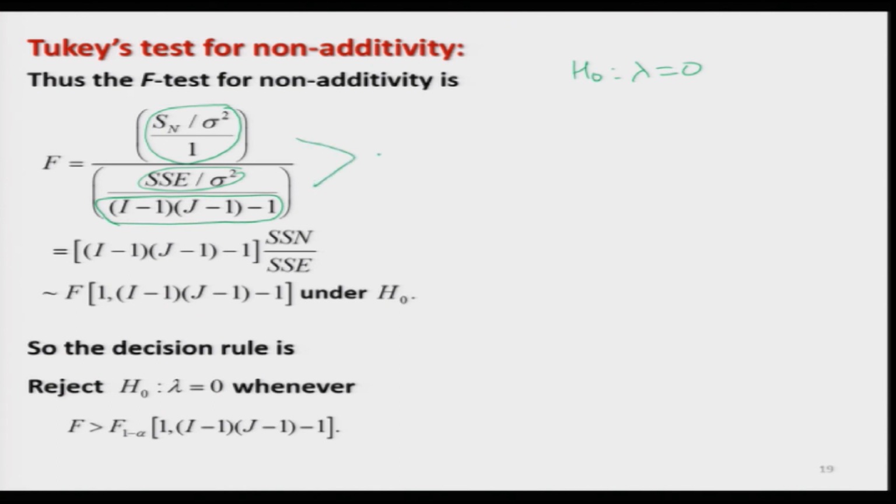One can show that the quantities in the numerator and denominator, that is Sn and SSE, are independent, as they are quadratic forms. Then I can simplify it, and it comes out that (I minus 1) into (J minus 1) minus 1, into Sn upon SSE, follows a central F distribution with 1 and (I minus 1)(J minus 1) minus 1 degrees of freedom under H naught, right.